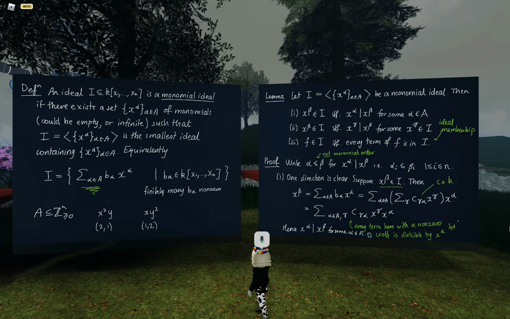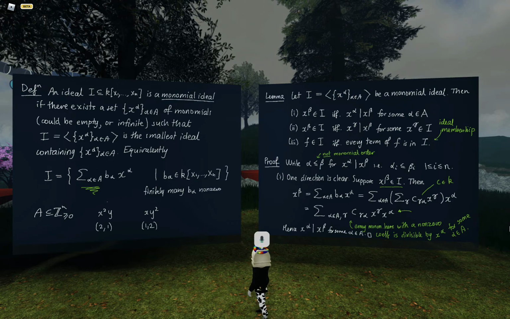Could you just re-explain where this alpha is coming from? Yep. Okay, so if you look at this expression here, every monomial with a non-zero coefficient in that expression is of the form x^gamma x^alpha for some alpha.